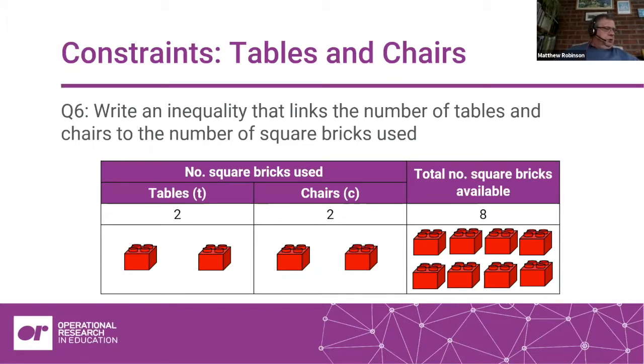Remember, the constraint is saying we have a limited number of materials which we could use to build either tables or chairs. What we need to think about is how we can express that constraint, in other words, the total number of bricks available and the number of tables and chairs that we could build.